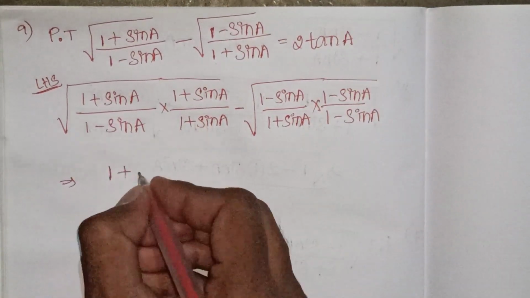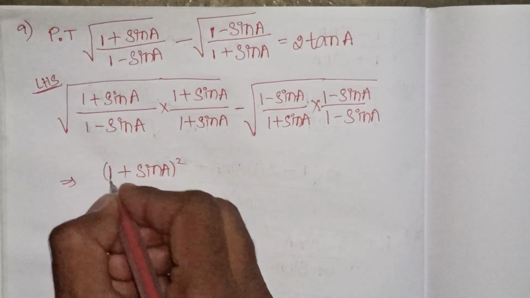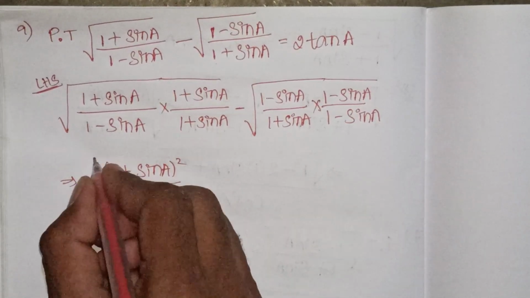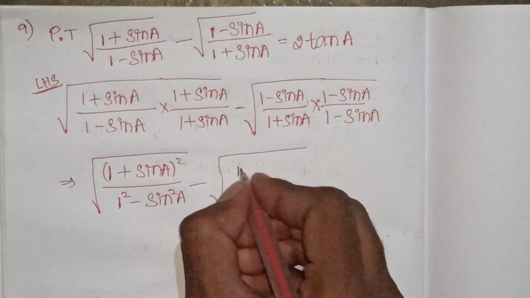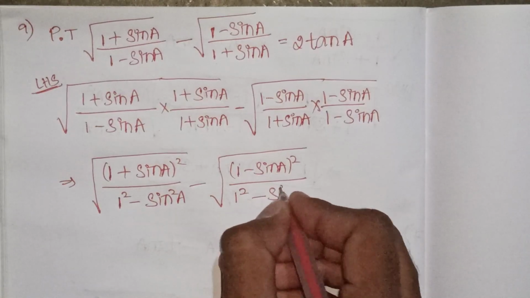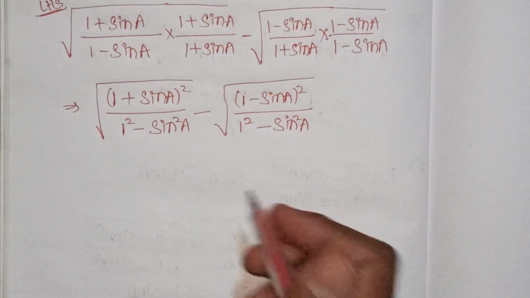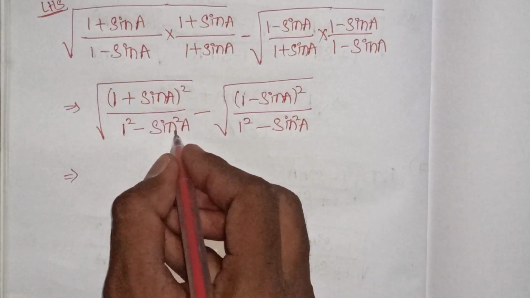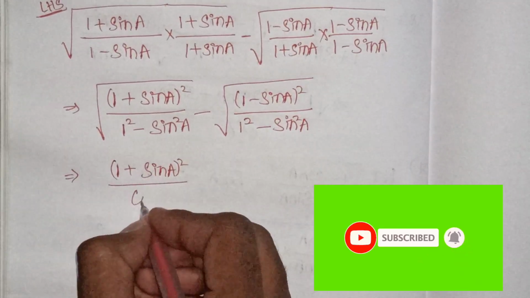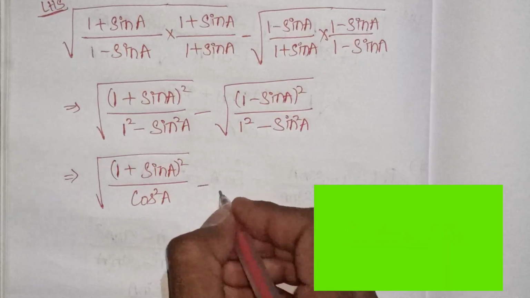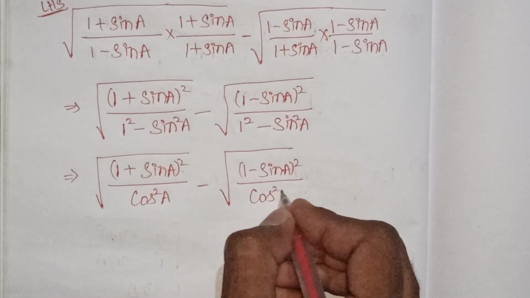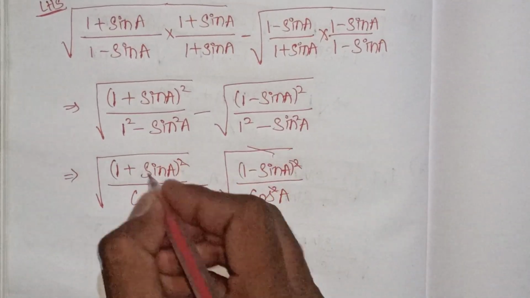Numerator can be written as 1 plus sin A whole square divided by A square minus B square, that is 1 square minus sin square A, under root, minus under root 1 minus sin A whole square divided by 1 square minus sin square A. In the denominator, we can change 1 minus sin square A into cos square A. Therefore, 1 plus sin A whole square by cos square A minus under root 1 minus sin A whole square by cos square A. Square root and square will be cancelled.